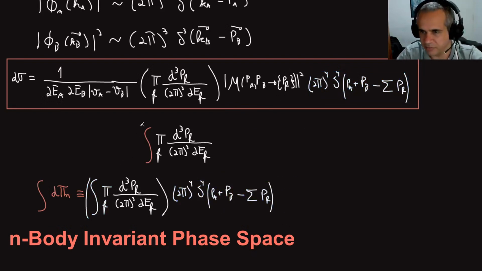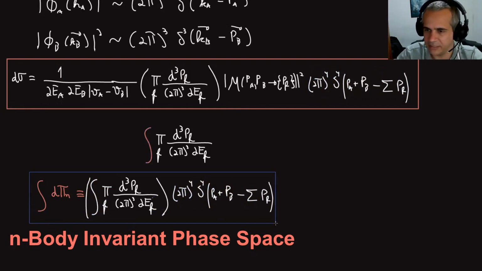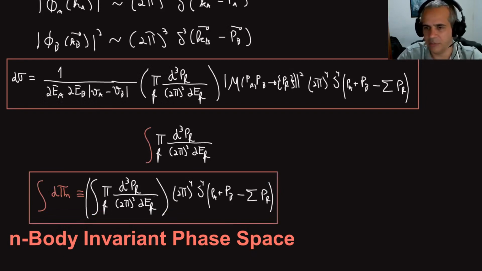Because this is a Lorentz invariant and contains all the kinematic information, it shows how the momenta can be distributed just based on conservation laws. So this is kinematic information. In here I have dynamical information, but there is a piece here.